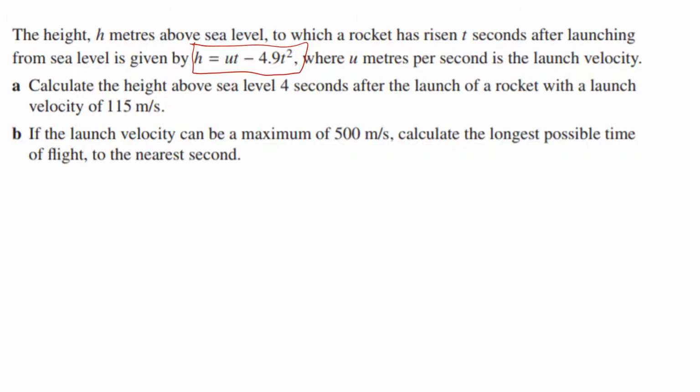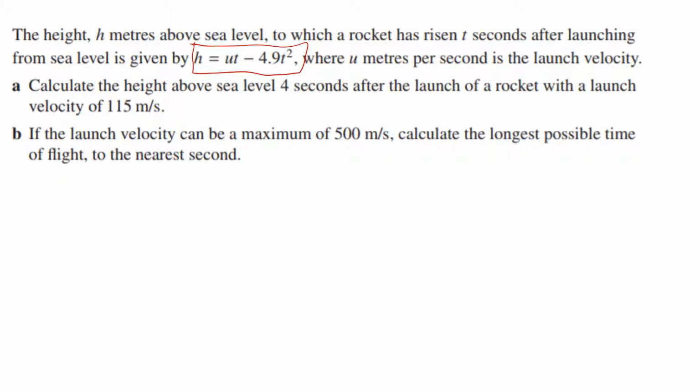Now, you'll notice something unusual about this question: it's got a third parameter, a third unknown or pronumeral, and that's simply representing the launch velocity, u. That's a little bit weird, but if you have a look at the questions, it makes perfect sense.